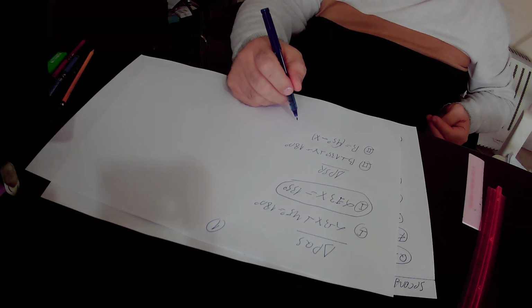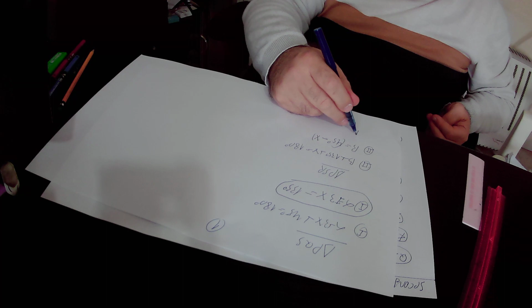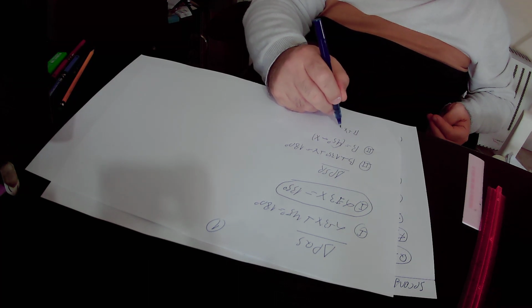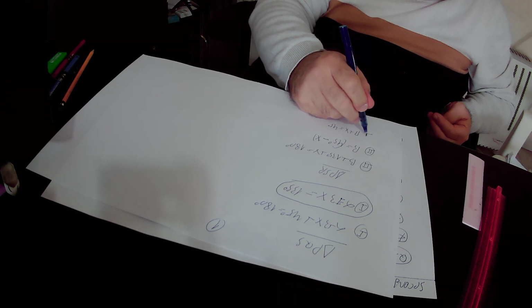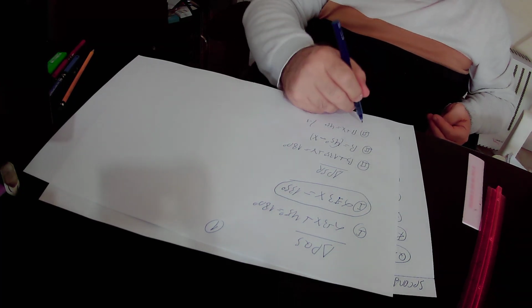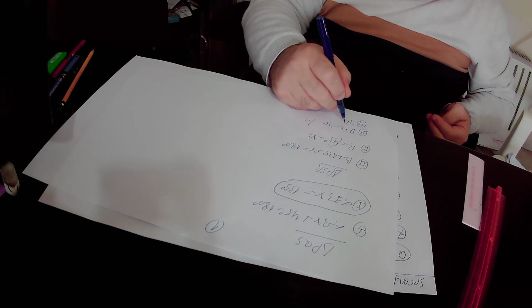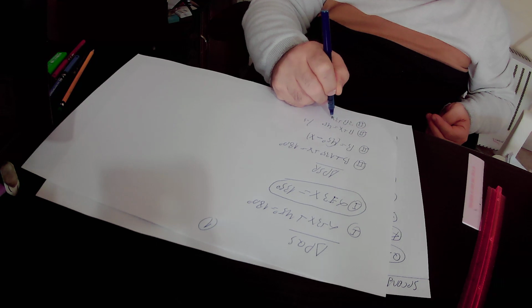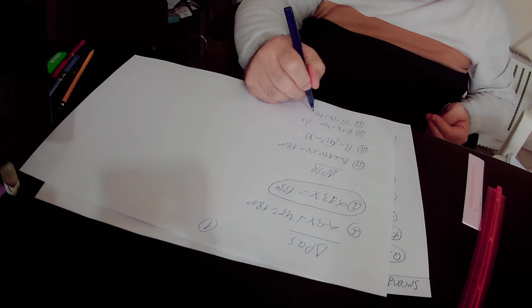Actually, here I will add x to this equation, and we will get that beta plus x equals 45 degrees according to equation number 2. Here we will multiply this equation number 2 by 3, and we will get that 3 beta plus 3x equals 135 degrees.